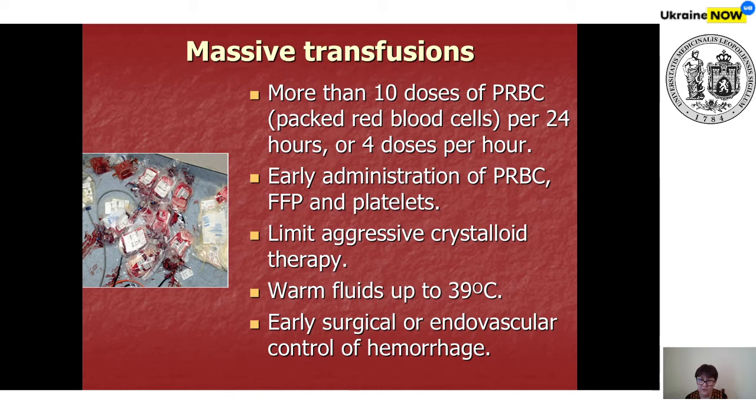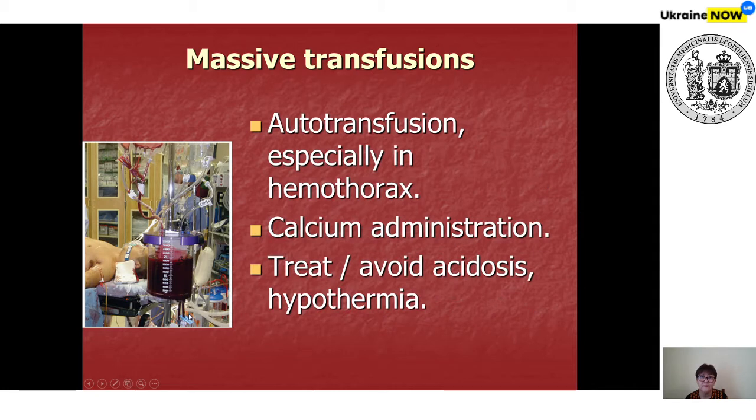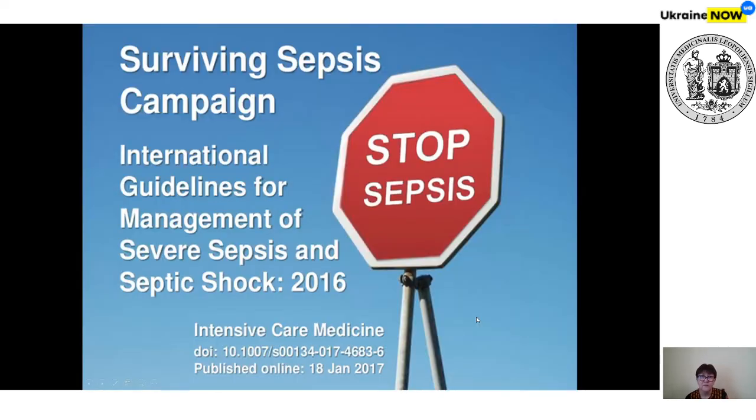Early surgical or endovascular control of hemorrhage are very important points in patients with severe blood loss, more than 40% of circulating blood. You can use autotransfusion using cell savers, especially in hemothorax. You should administer calcium and treat or avoid acidosis and hypothermia.